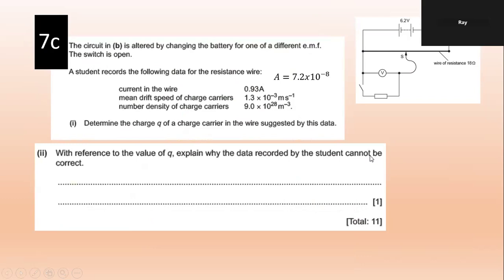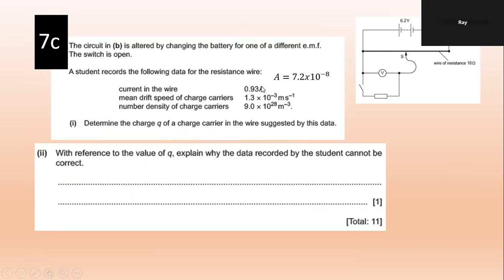The circuit in B is altered by changing the battery for one of a different EMF. The switch is open. The student records the data of the resistance wire.